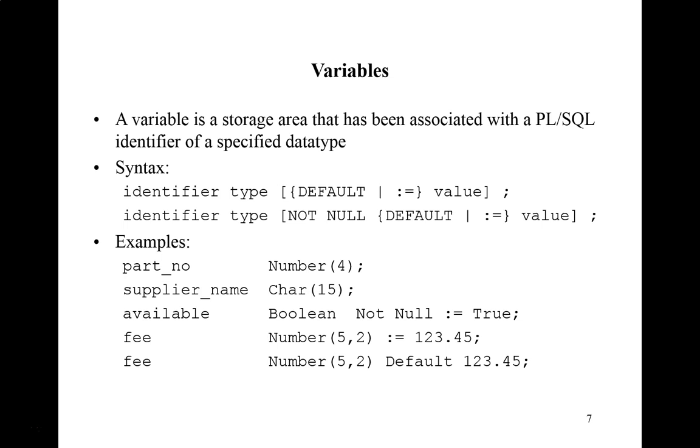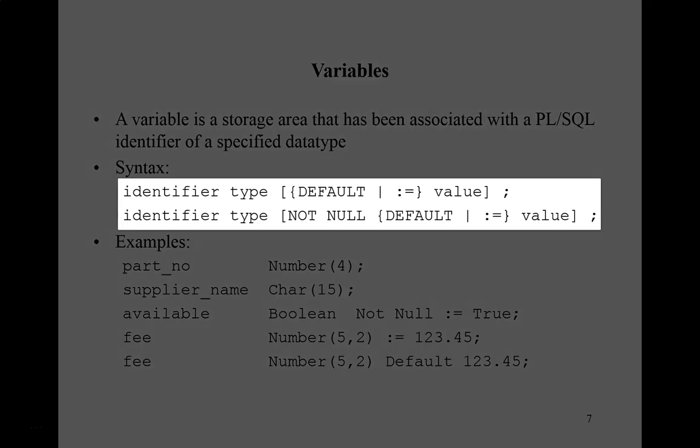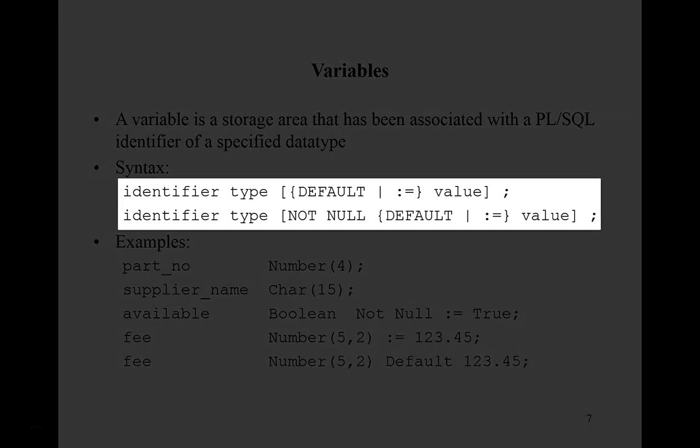We can think of a variable as a storage area that has been associated with a PL/SQL identifier of some particular data type. The syntax for declaring a variable is to formulate the identifier followed by the data type and optionally assign an initial value. The way the initial value is assigned is either by using the word default or by using the assignment operator, and then introducing that initial value.